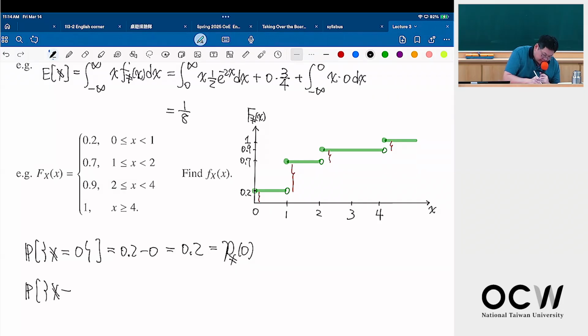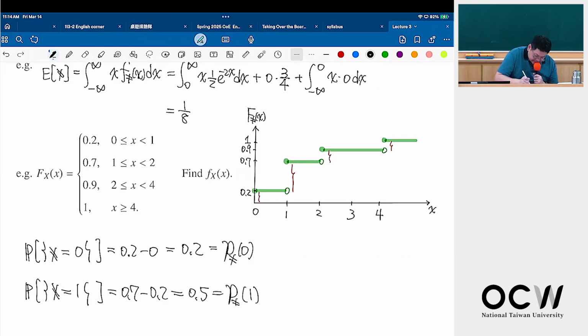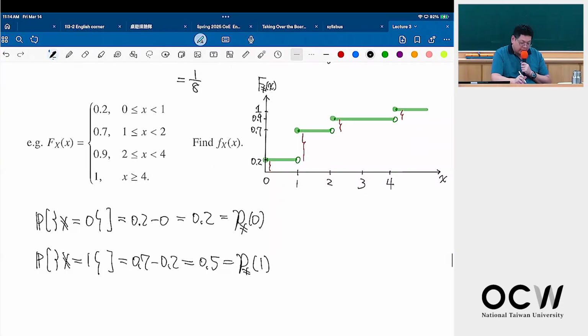Probability of x equals 1. That's 0.7 minus 0.2. That'll be 0.5. And it is also the PMF at 1. Probability of x equals 2.